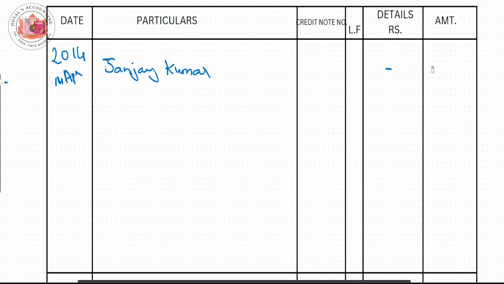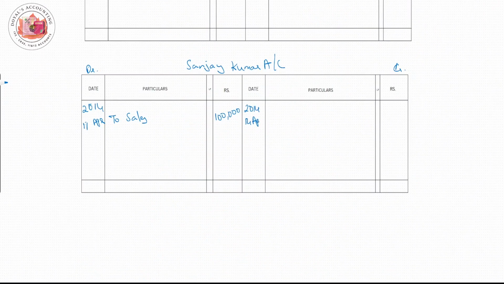He has returned goods worth 20,000. So in Sanjay Kumar's account, by sales return account, 20,000.